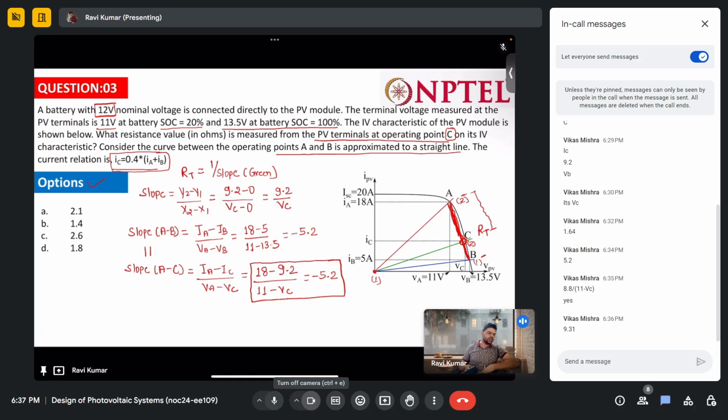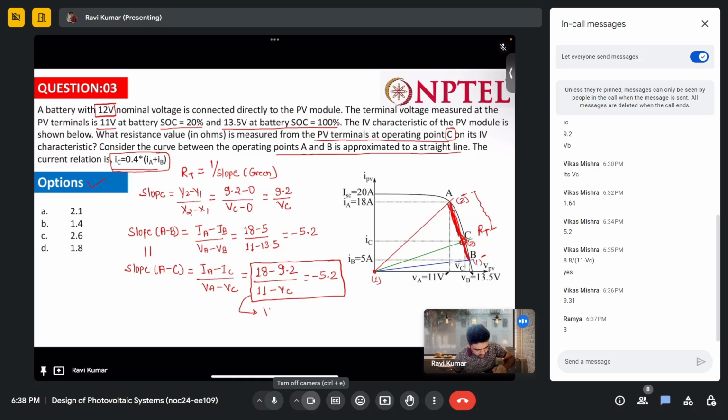Consider the negative sign, you will get the right answer. Solve this for VC.